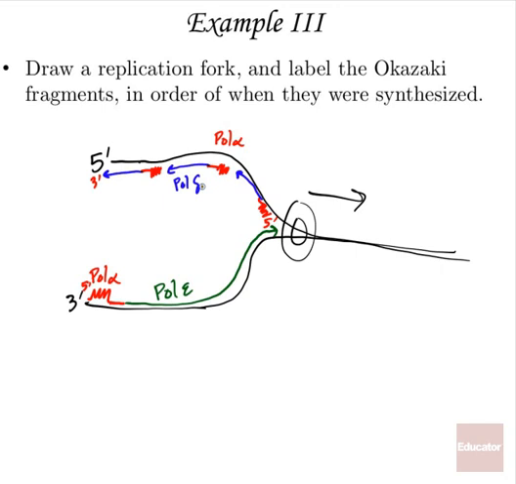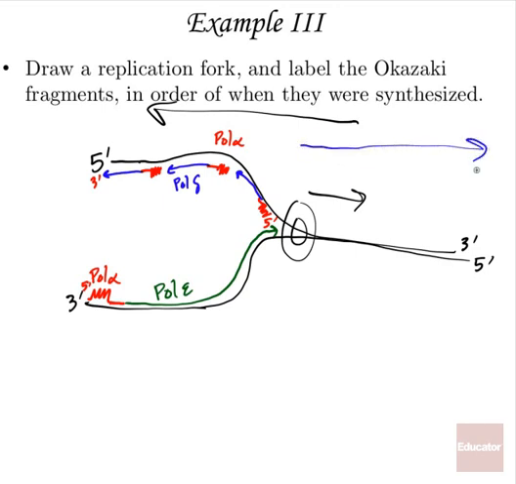So what I want you to do is label the order in which these Okazaki fragments were synthesized. If we think back to the fact that our lagging strand is discontinuous, the reason is we have polymerization on this top strand going leftward, but we have the helicase direction going rightward.